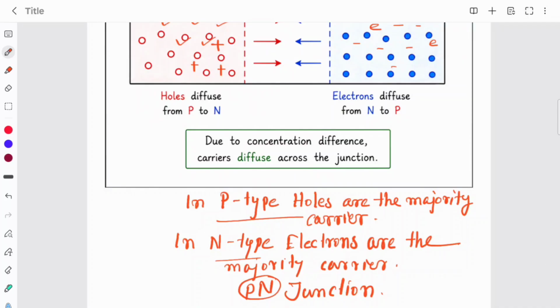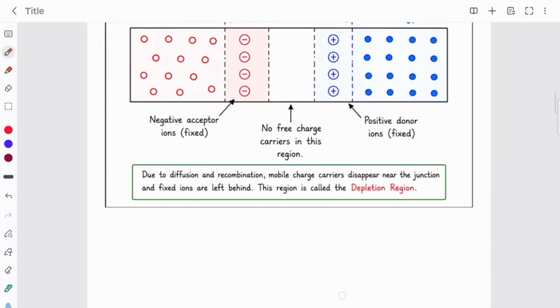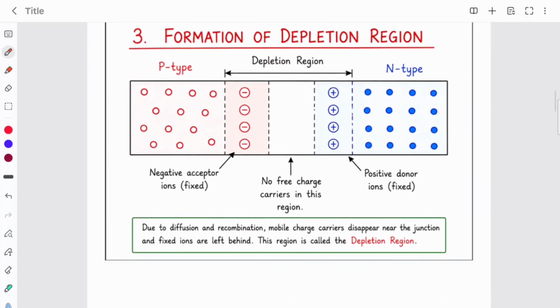Next, we'll see the formation of the depletion layer. As soon as the p-type and n-type materials are joined together, there is a difference in carrier concentration. The n side contains a large number of electrons, and the p side contains a large number of holes.